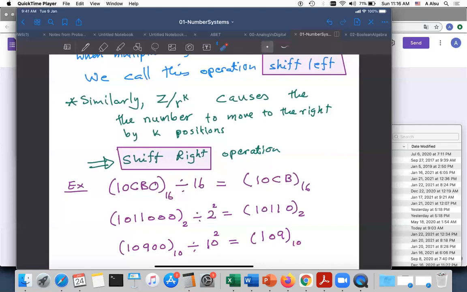And if you have the binary number 1011 followed by 3 zeros divided by 2 to the 2, then you'll get rid of 2 of these zeros, and the number will be 10110. The most important thing is that you need to make sure that you're dividing by the same base as given in the number. Otherwise, this won't work. Any question?